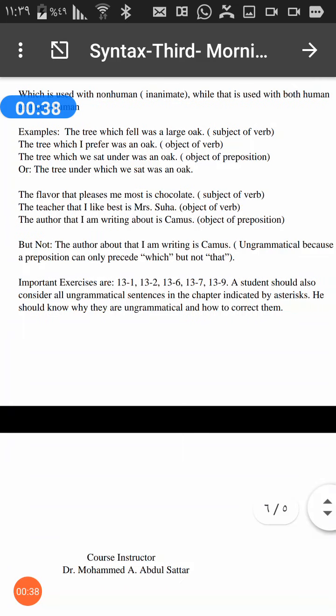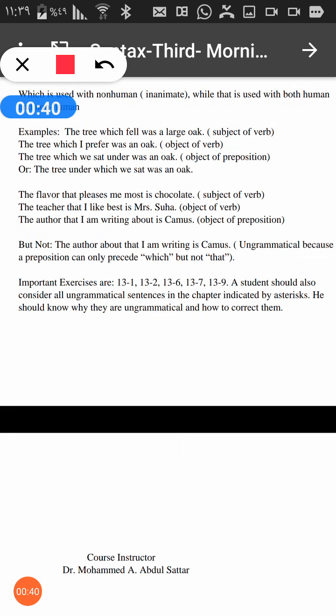So we cannot say the author about that I am writing is Camus. I have to say, the author that I am writing about.